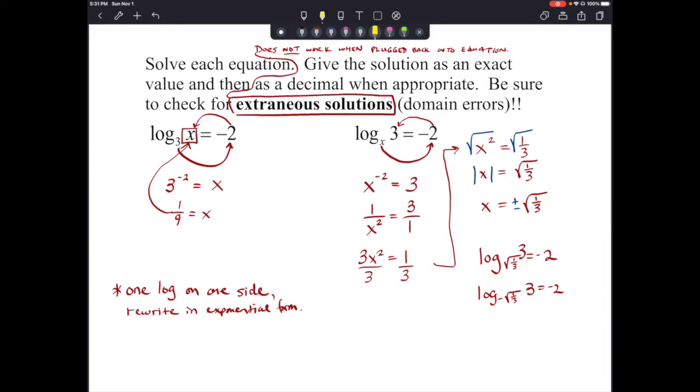So this one right here is not going to work. We can't do that. So in this case, x cannot be negative. So we're going to say here, x is just positive square root of 1/3. That would be our answer.